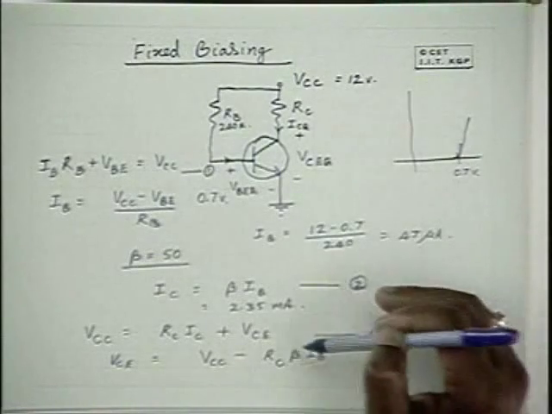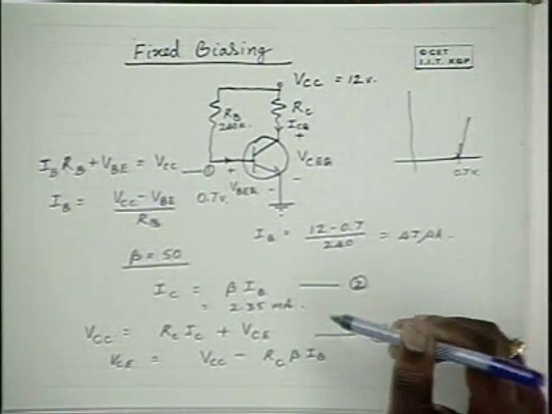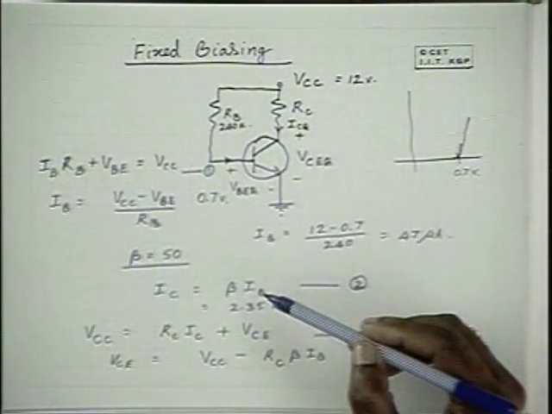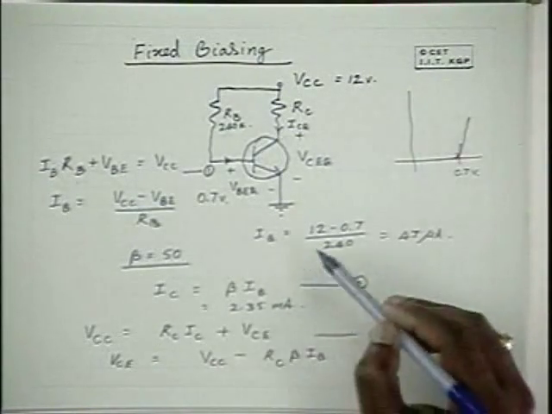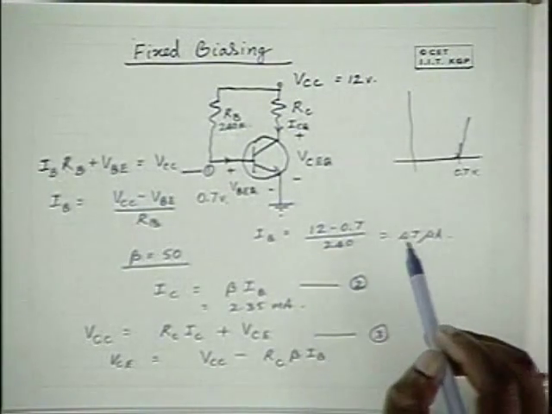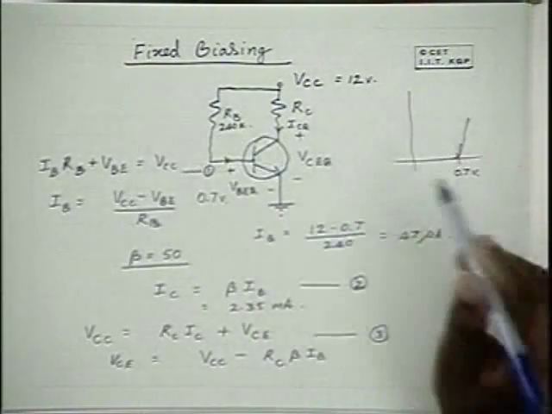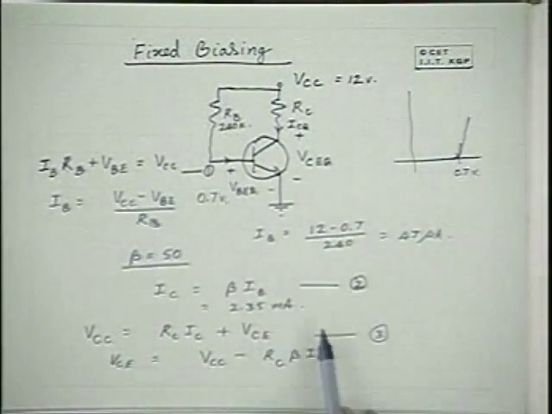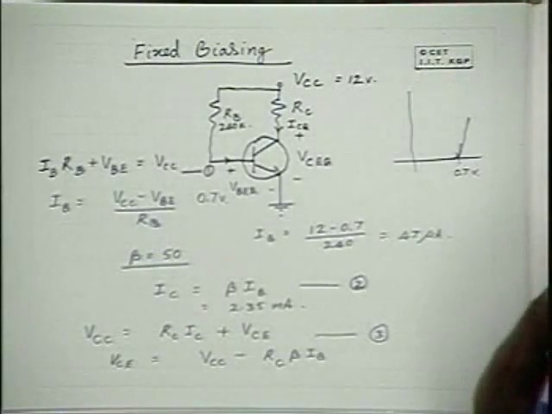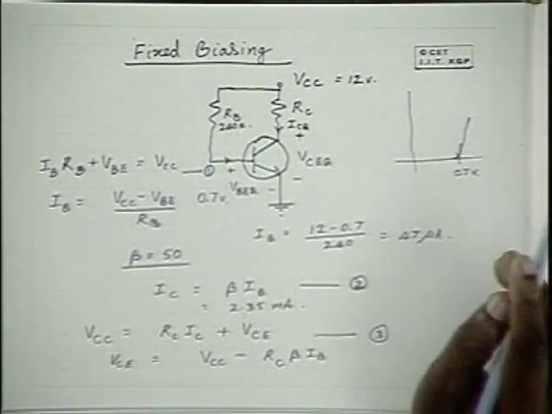Now with given VCE and IC, and naturally given beta once the transistor is selected, you have to find out RB and RC in the design problem. There also you use the same equations to get the design. So you should practice designing biasing circuits given quiescent points.